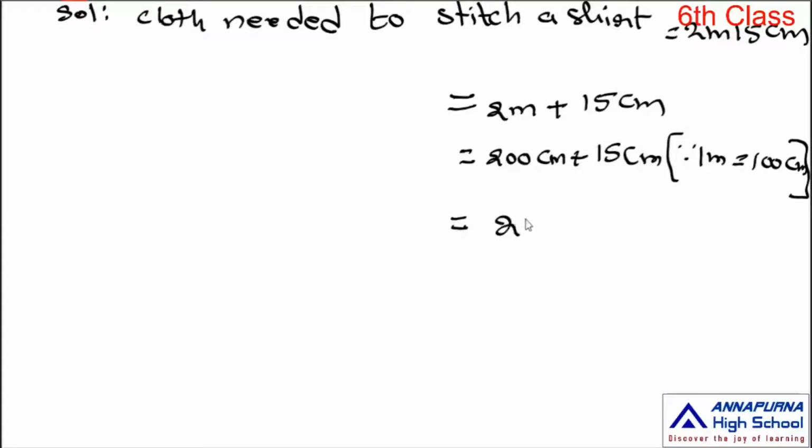Total 215 centimeters. Cloth needed to stitch a shirt is 215 centimeters.